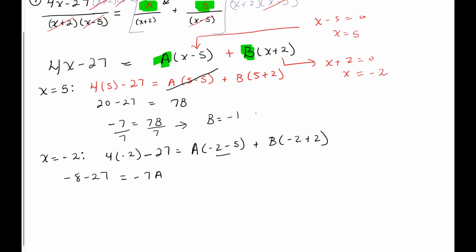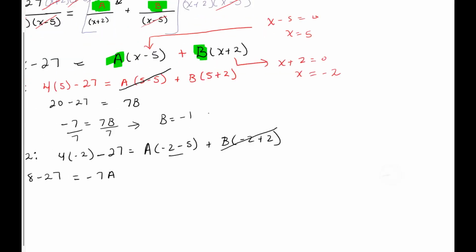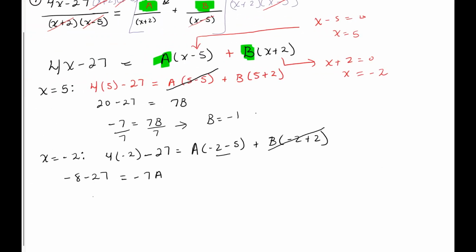And then this negative 2 plus 2 is 0, times b is just 0. That does cancel out. And we end up with negative 35 equals negative 7a. So then we divide both sides by negative 7, and we get a equals a positive 5.